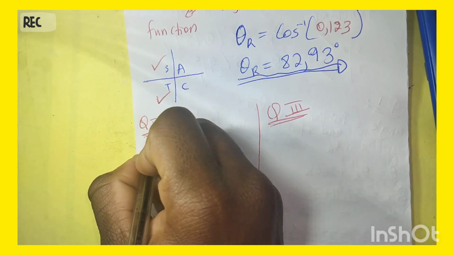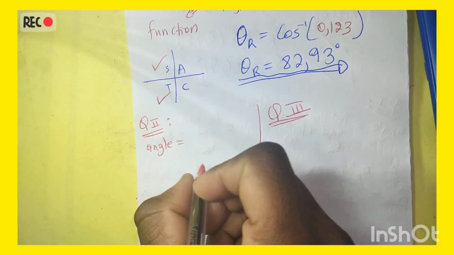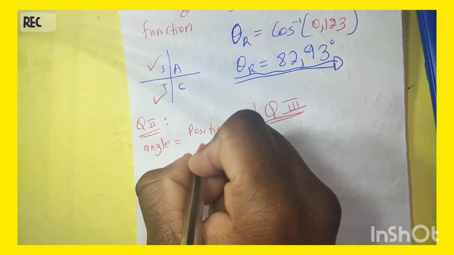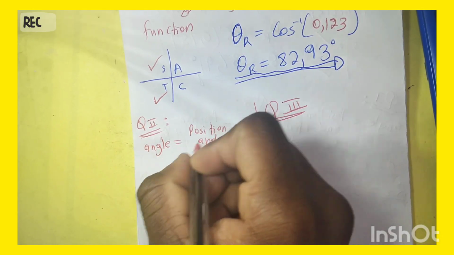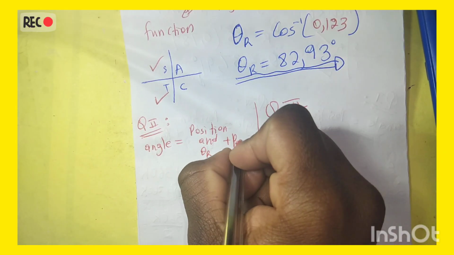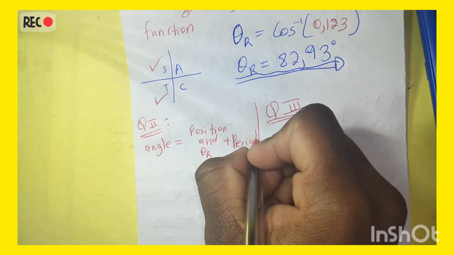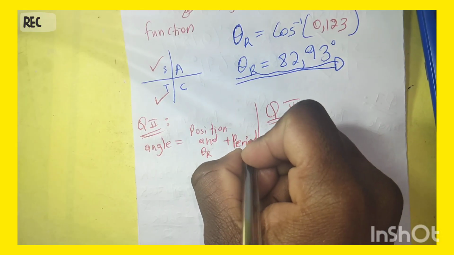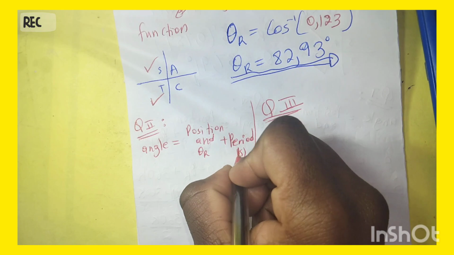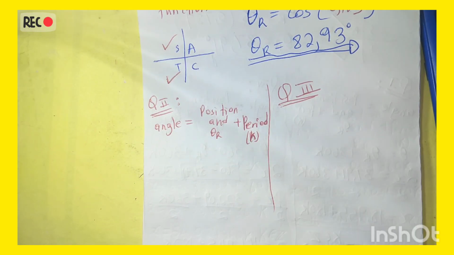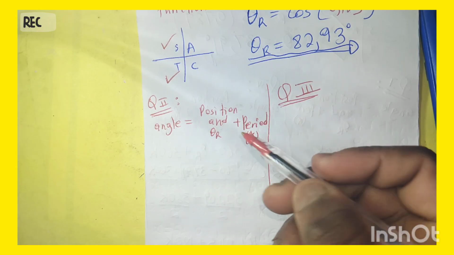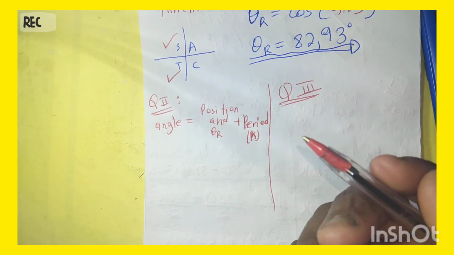So let's use our format. Our format says that the angle is equal to the position and reference angle, plus the period, which goes with K here. So I will write this in the simplest format.